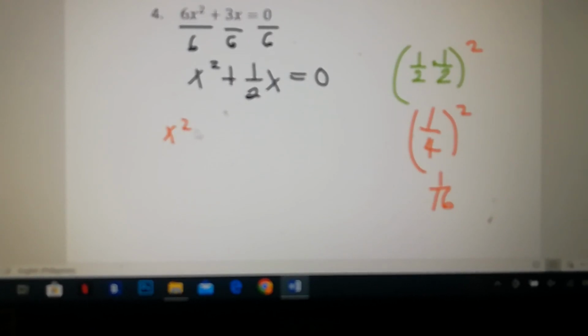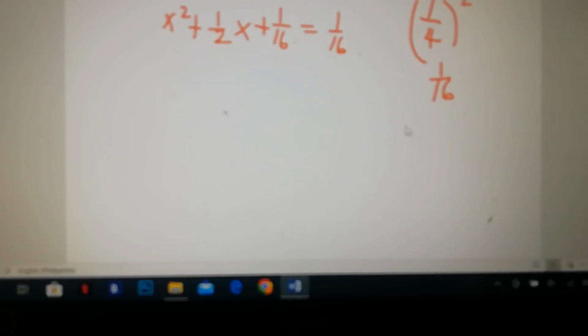So x squared plus 1/2 x plus 1/16 equal to 1 over 16. You factor the left side of the equation. That is now equal to x, square root of x squared is equal to x. Square root of 1 over 16 is 1/4, squared is equal to 1 over 16.